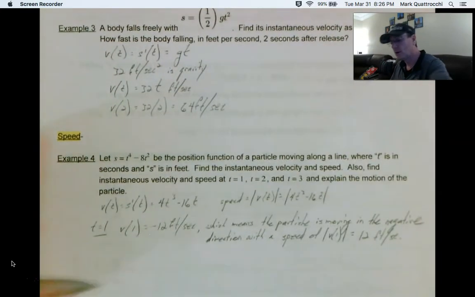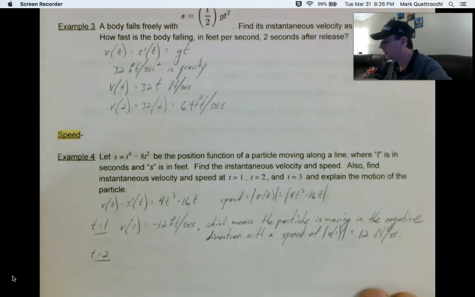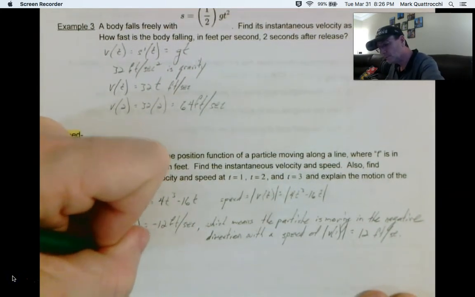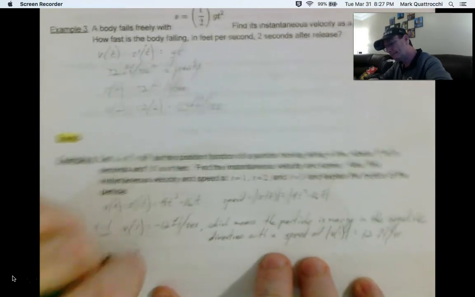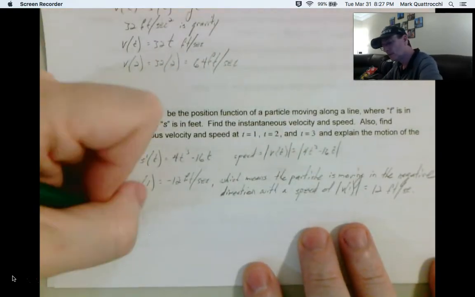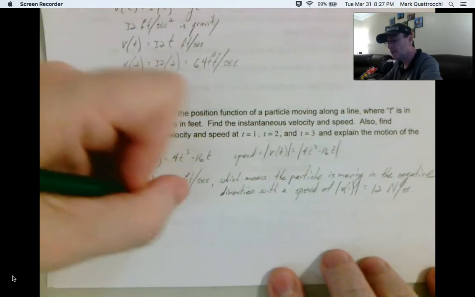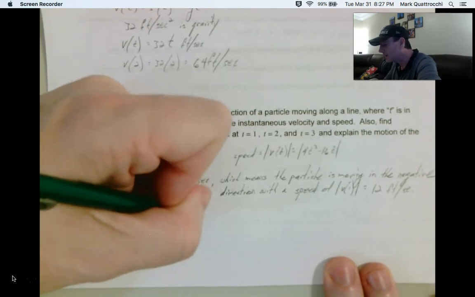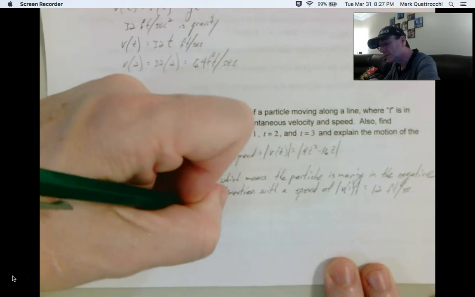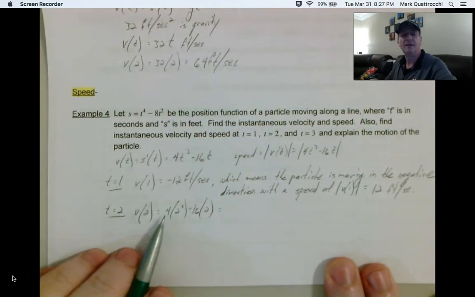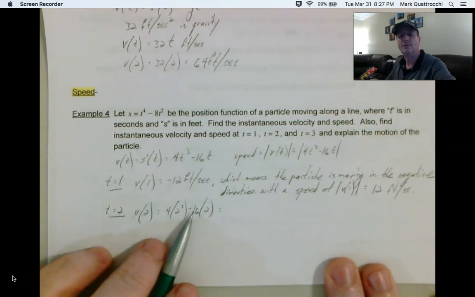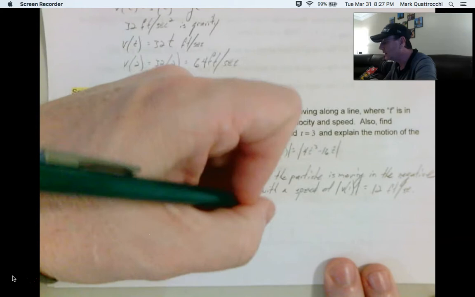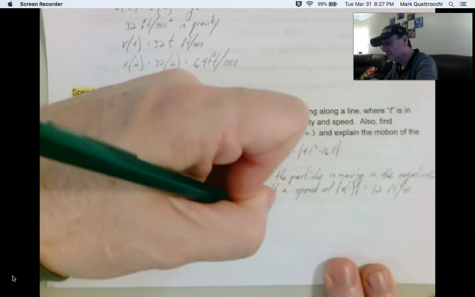So that's time equal to 1. Time equal to 2 is v of 2, which is going to be 4 times 2 cubed minus 16 times 2. 2 cubed is 8, times 4 is 32, minus 32, or 0 feet per second.